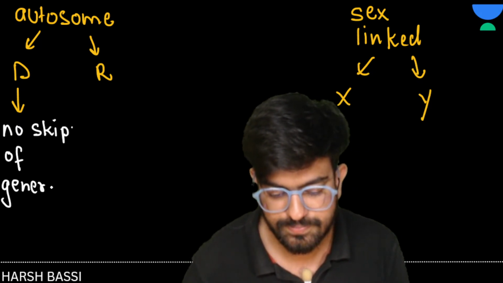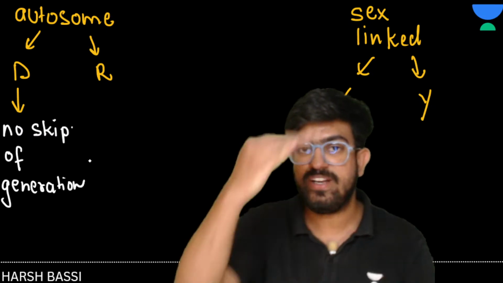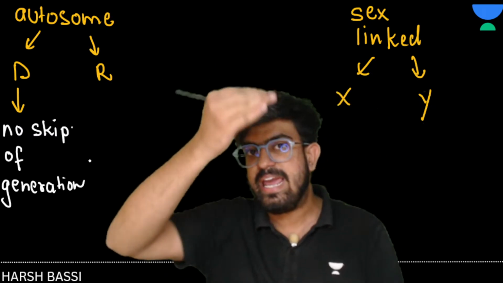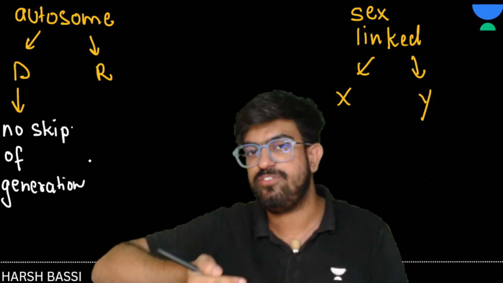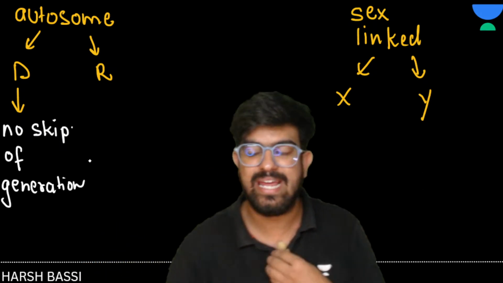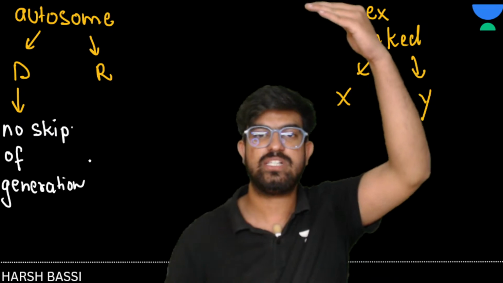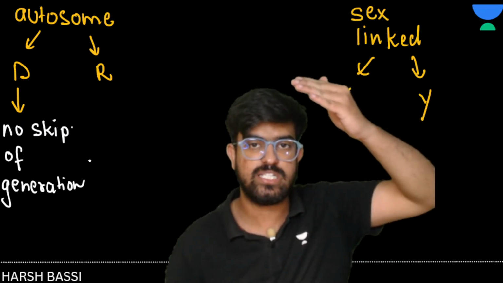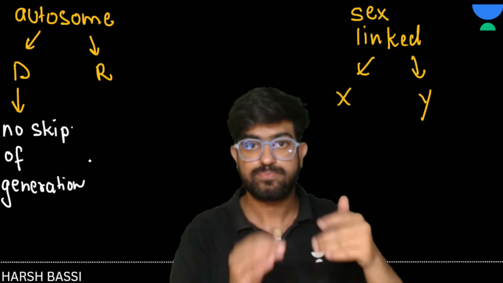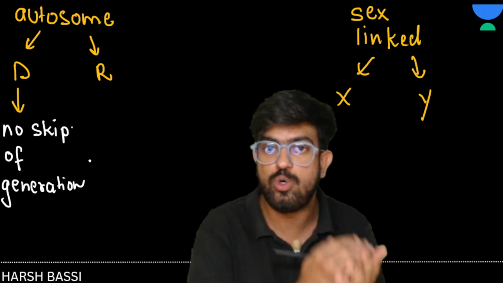That means disease will be in F1 generation, in F2 generation, and in F3 generation also. It's like, let's suppose grandfather was having the disease, father is having the disease, son is having the disease. In which case, autosome dominant.